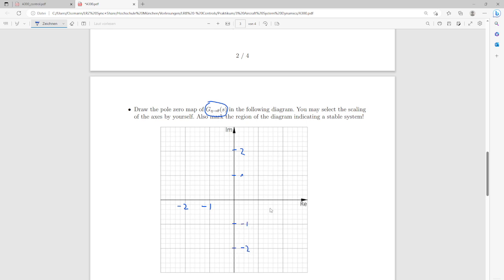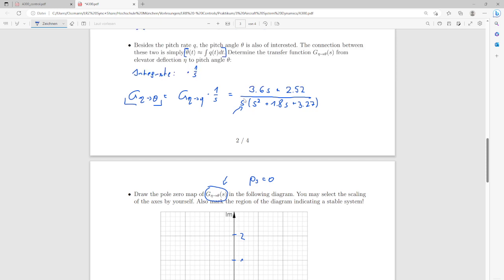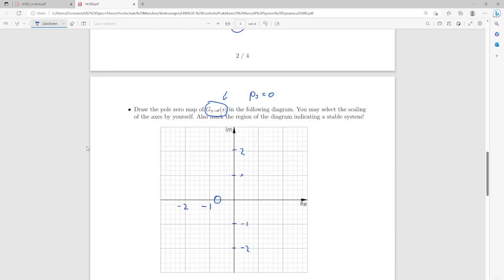We don't need the positive side because we only have negative real values, so that's okay. So our zero was at minus 0.7, which is here. We have here an additional pole at 0 because we added the integrator, right? This one here. So we can plug it in directly.